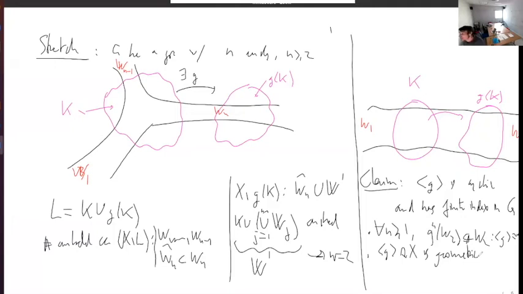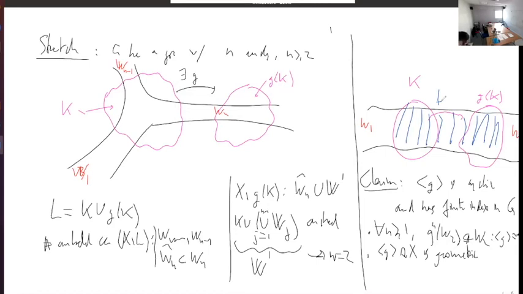So how do we do that? Well, we have to pick a candidate for the fundamental domain, and here it will be what's contained between K and g of K. So the idea is to prove that any point can be mapped into this set here. So this set, what is it?